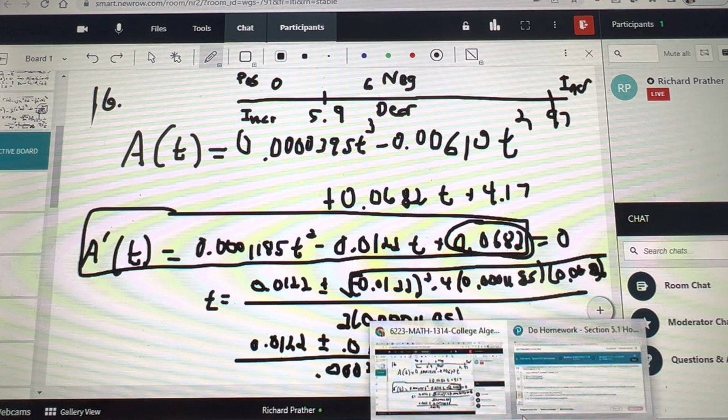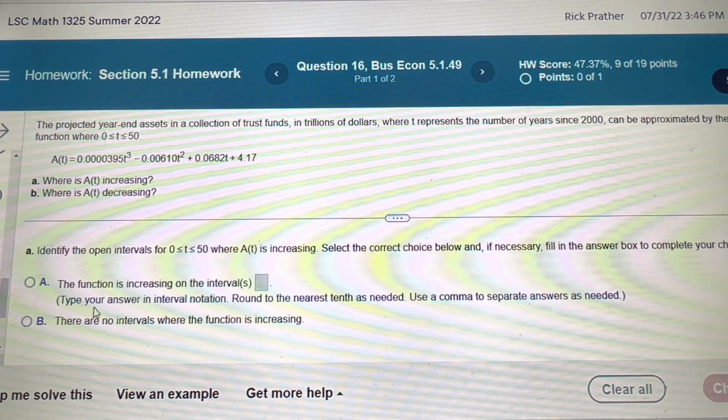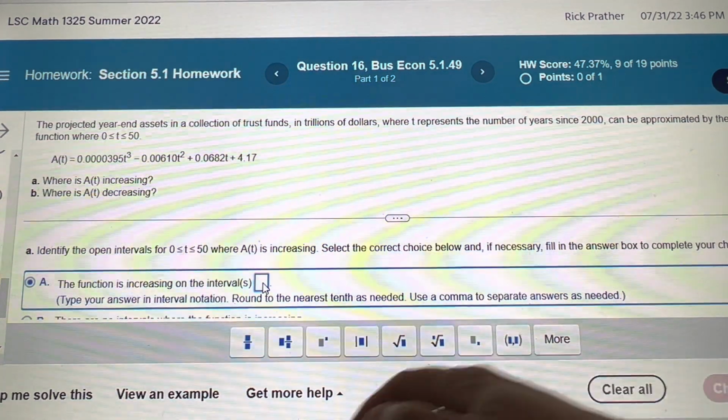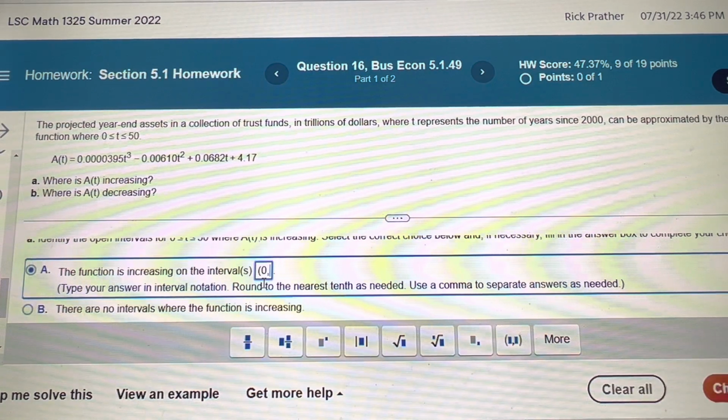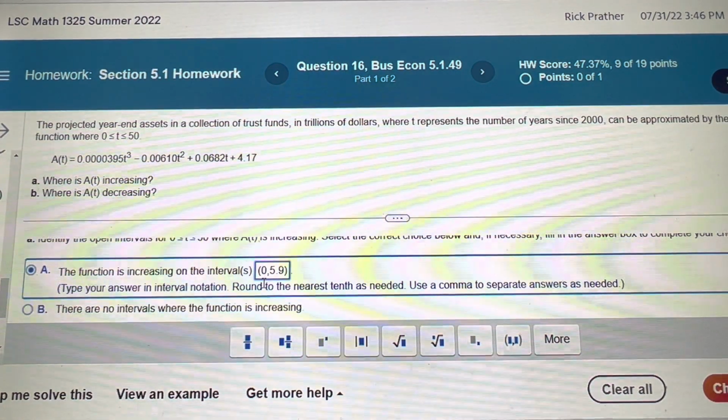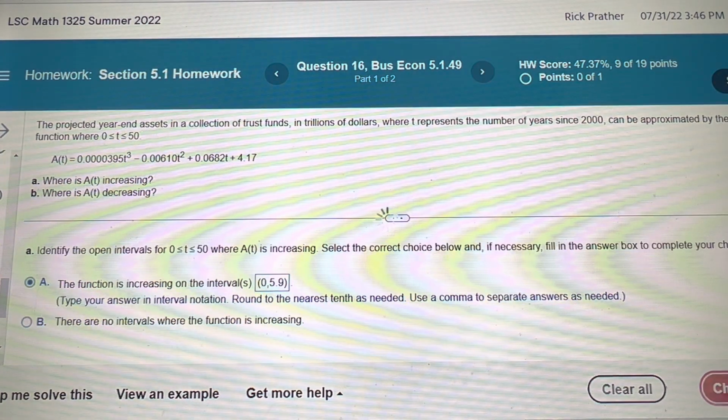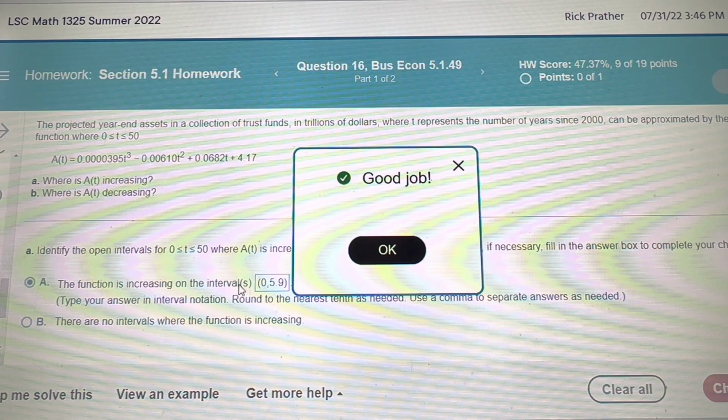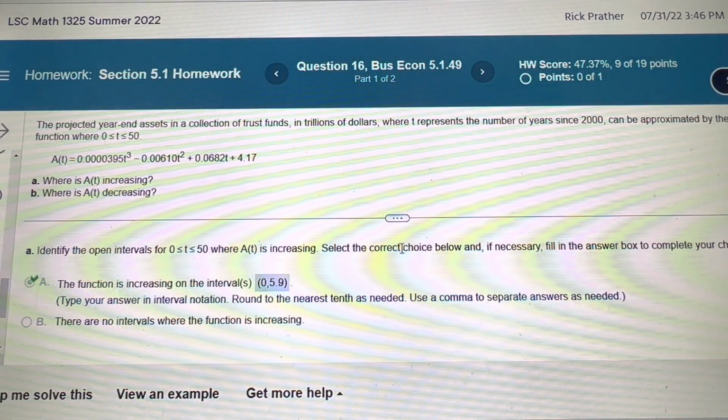So it's only increasing from 0 to the decimal 5.9. Notice it says round to the nearest tenth, so I was wondering how they were going to handle that messy decimal. So just 5.9 luckily. 0 to 5.9, it's increasing. So that's when their assets are going up, so maybe that's when they want to do whatever their business is about and make sure they get it in those years.